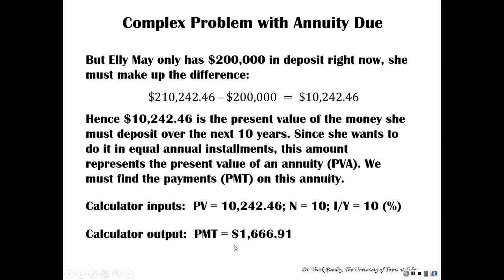And this is our answer, right? Which we got. So 1,666.91. That's the annual payment she needs to make into her account over the next 10 years in order to accomplish her goal.